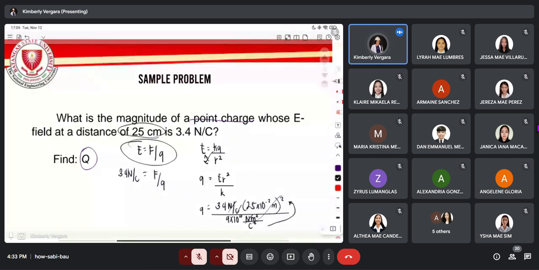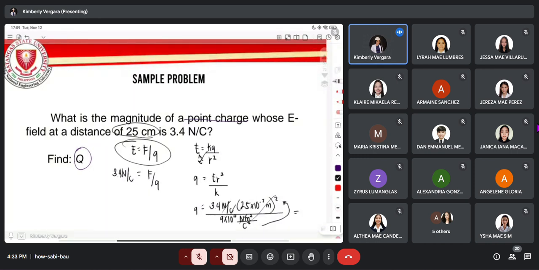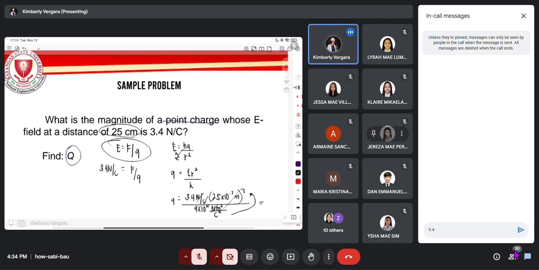So what is our answer? Nakikitype po sa chat box. Anyone?